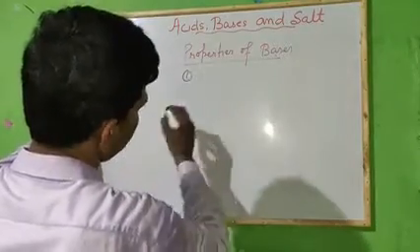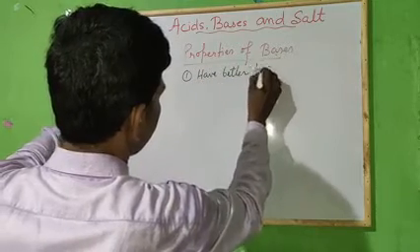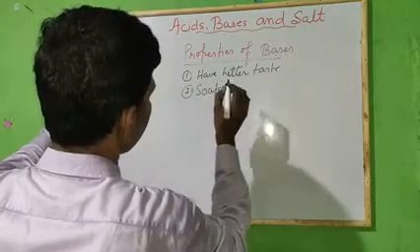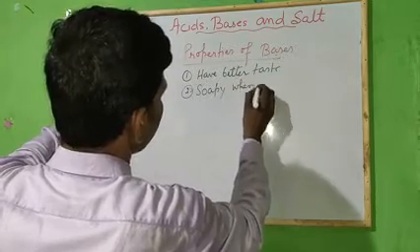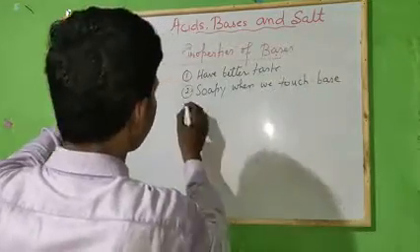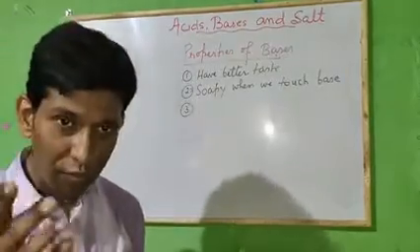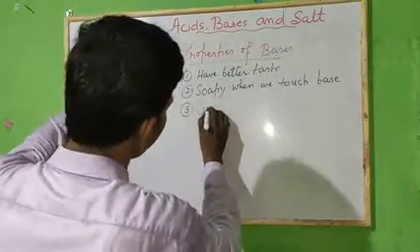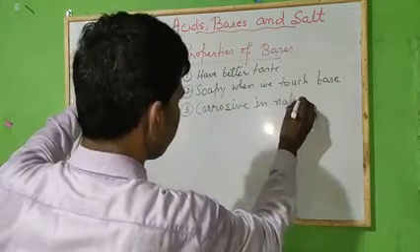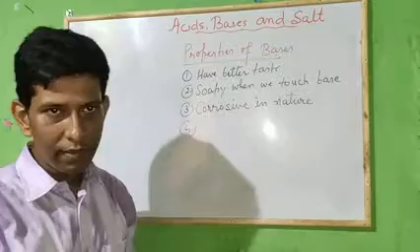First, bases are soapy when we touch them; a soapy feeling will be there. They are very corrosive. Already I have explained that, just like acids, bases are very corrosive and very dangerous. So corrosive in nature.